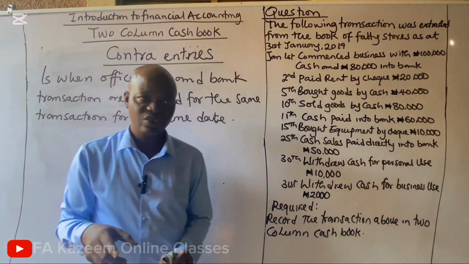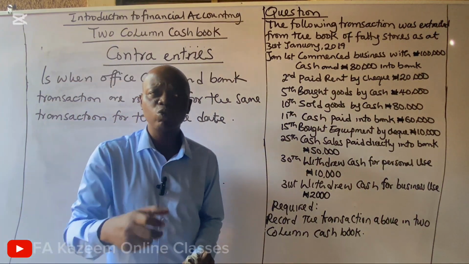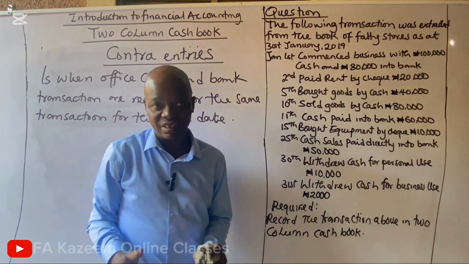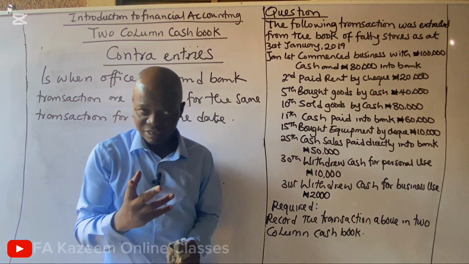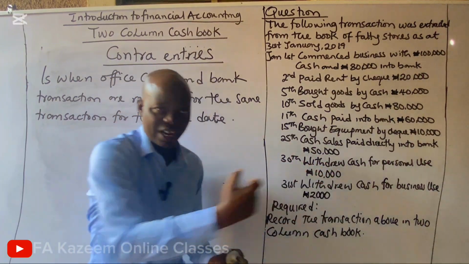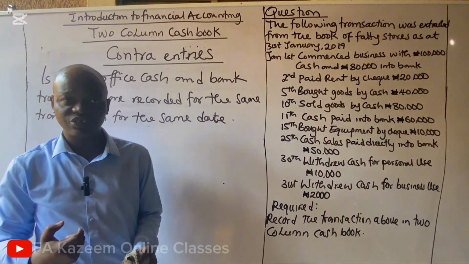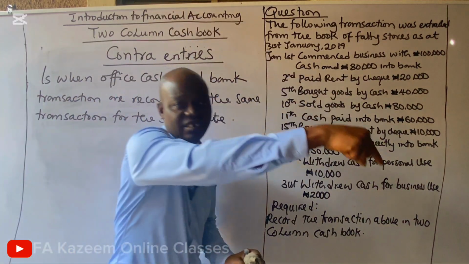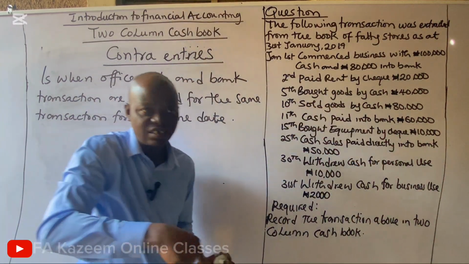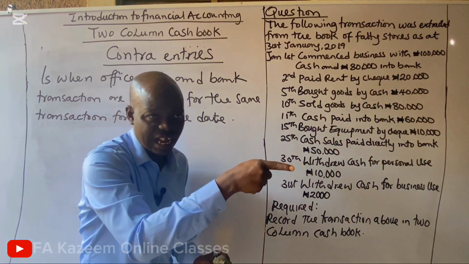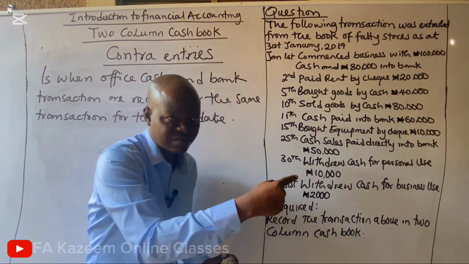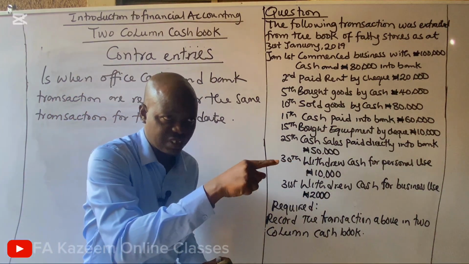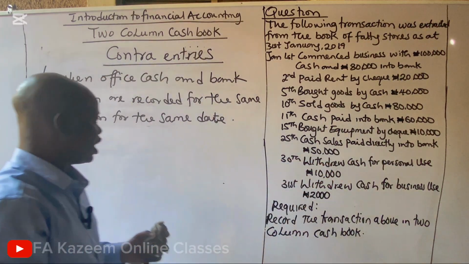But it's the policy of the organization that all goods sold by cash must be deposited to the bank at the end of the same day. A contra entry will occur. When cash is collected, you debit the cash as an inflow of cash. When the same cash is deposited in the bank, you will credit the cash for one reason: to cancel that cash. After canceling the cash, what do you do? You put the money in the bank. It means you debit the bank.